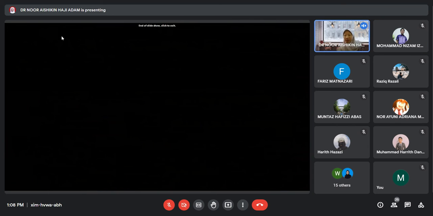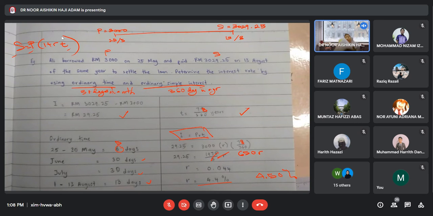Okay, kalau tak ada, saya punya slide dah habis. Saya bagi you soalan untuk buat.